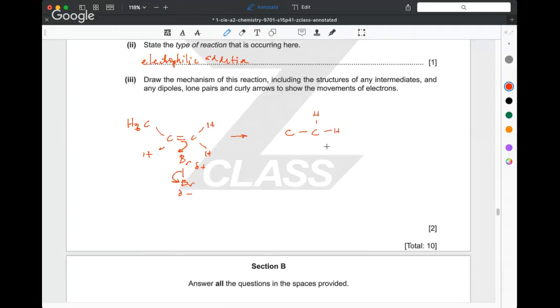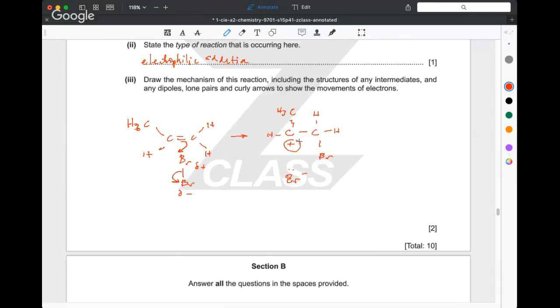Now it's very important that you draw it this way around. Because the bond pair of electrons has moved away, we've ended up with a positive charge there, and a negatively charged bromide ion there.